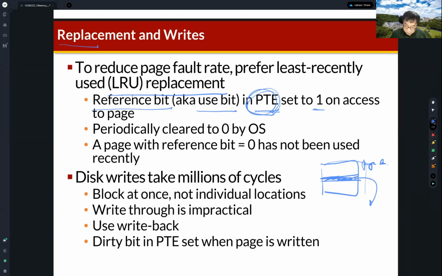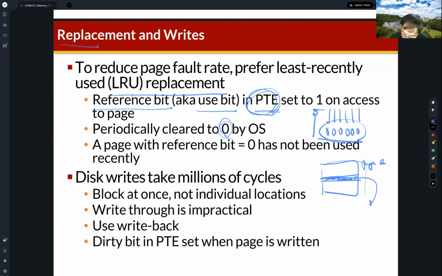This reference bit is periodically cleared to 0 by the operating system, all cleared. But if a page is accessed, the reference bit of the used page is set to 1.